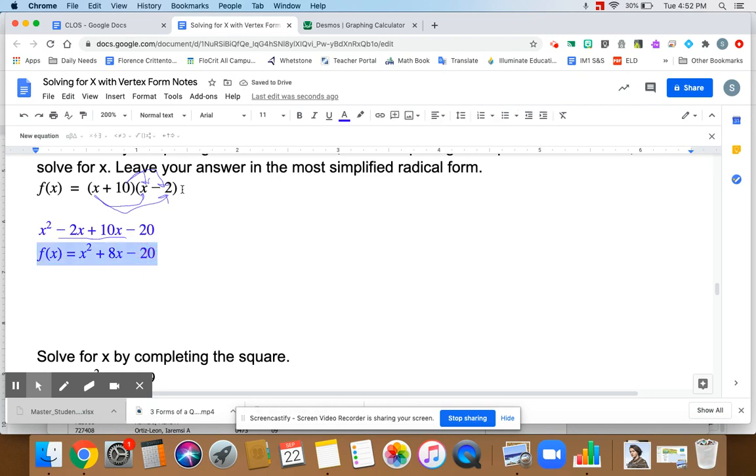So now it's in standard form. I went from factored form to standard form. That is what happened right there.